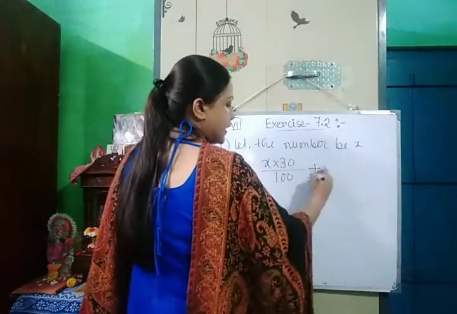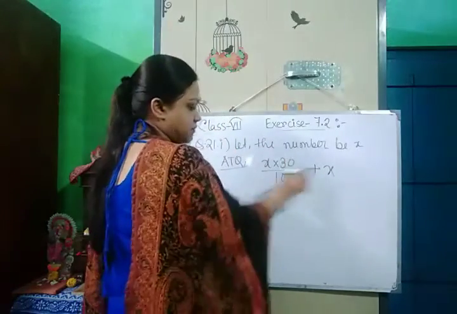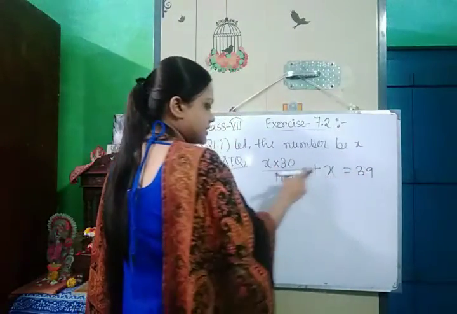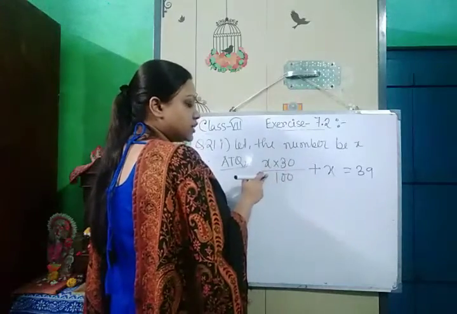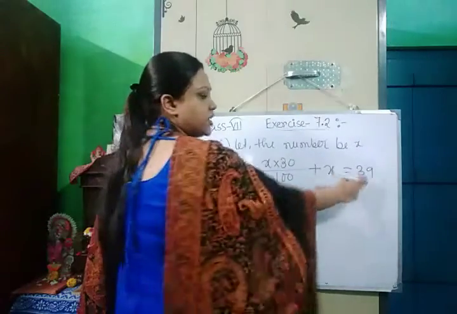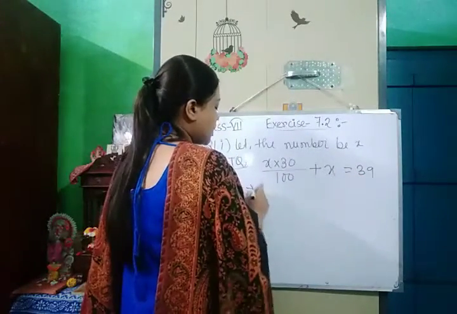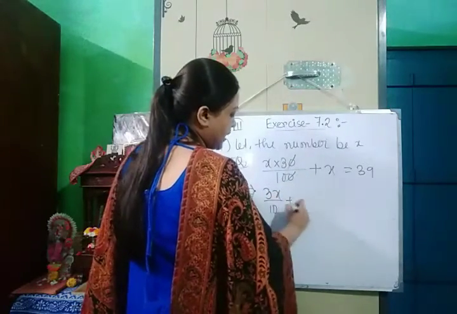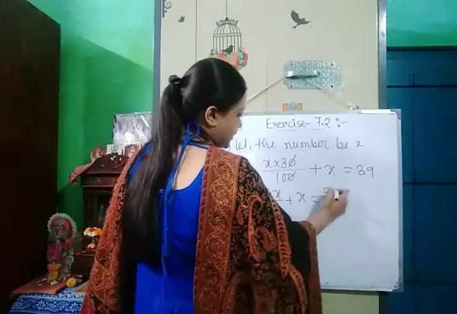Increased means x plus this amount. X plus this thing equals 39. When x is added to 30% of x, then it becomes 39. So now we will do cancellation. It's 3x by 10 plus x equals 39.